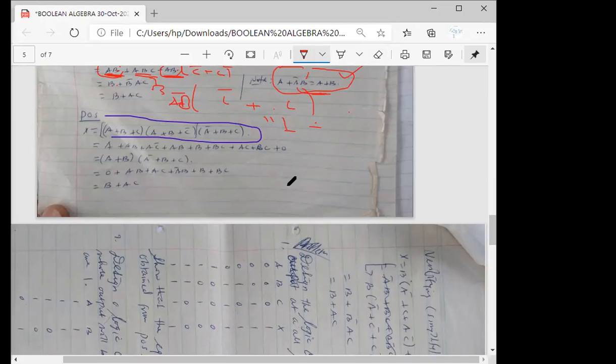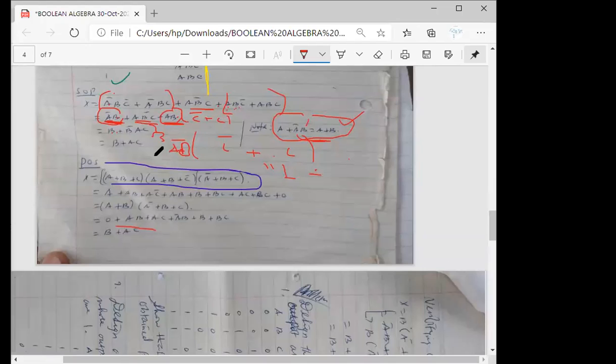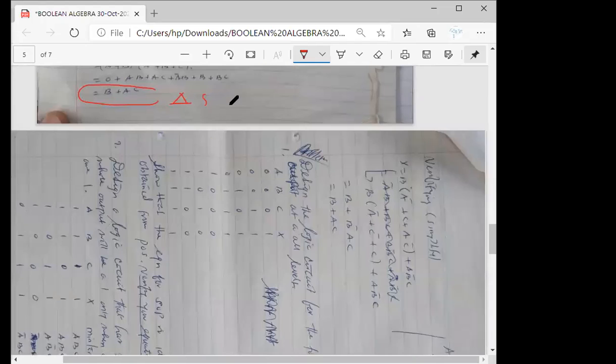But when you simplify, they should be able to agree. Actually, when you simplify this equation, you should be able to get this one. So I can give you that as an assignment, just for you to check.